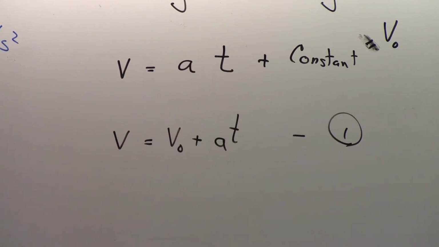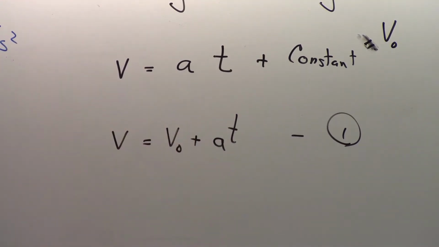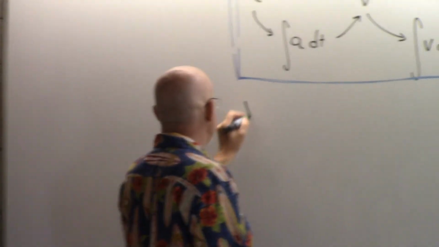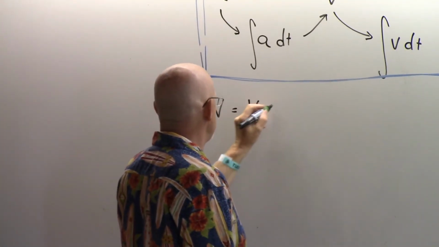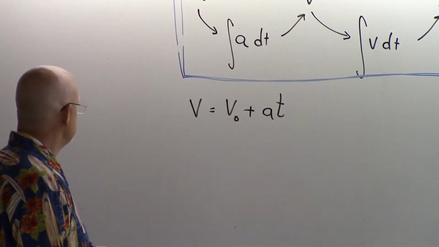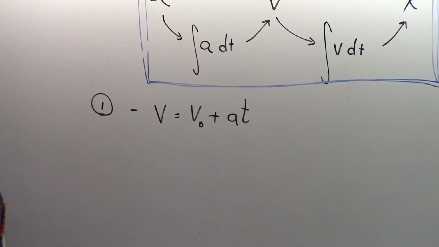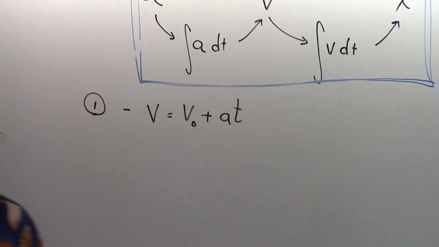If a is a constant. So I'll put it right under this box and say v equals v naught plus at. Ta-da! I'll even call this equation 1. We often refer to this as kinematics equation number 1.